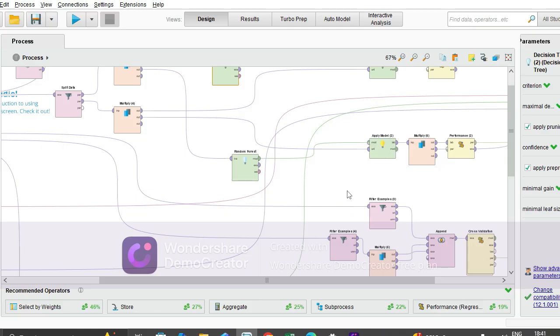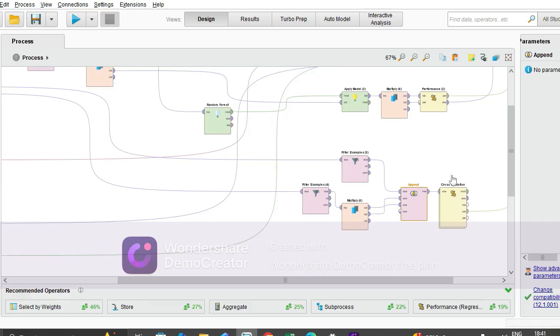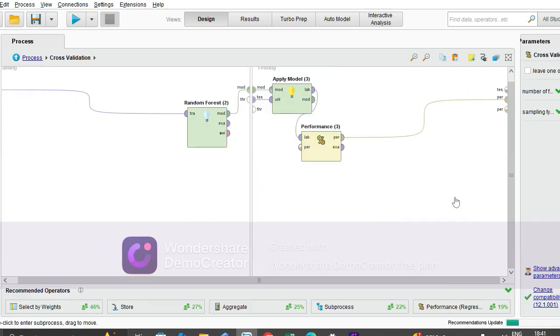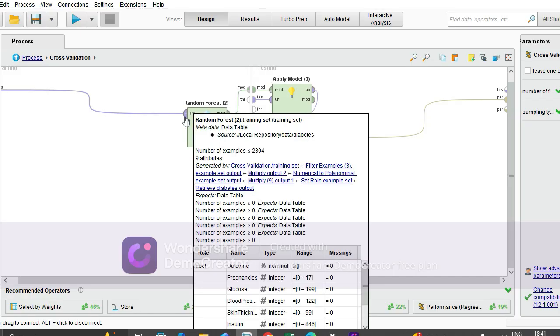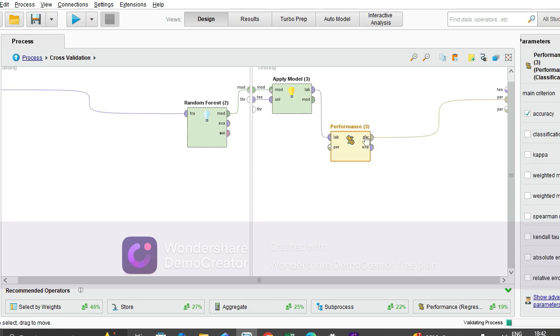That means I copy them again and append them. Then I apply the cross validation operator with the random forest operator, so in cross validation my data gets balanced, and then I apply the model and check performance. Then I will show you the result.